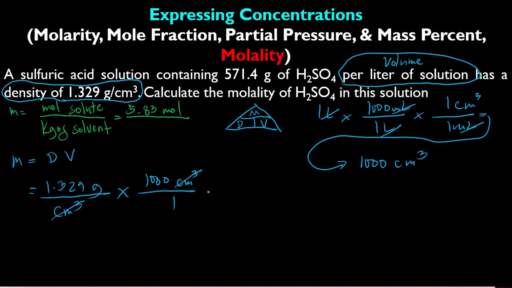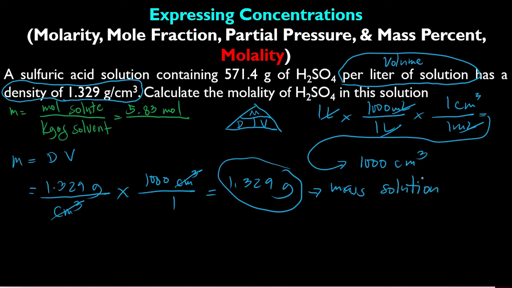Cancel cubic centimeter. So the mass of the entire solution is 1.329 times 1,000, that will be 1,329 grams. This is the mass of the solution.